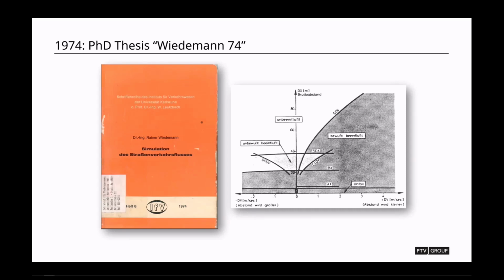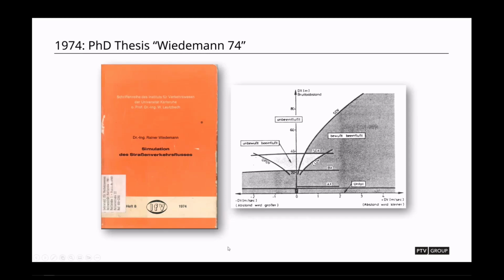So with different states, a vehicle approaches a slower vehicle, and at some interaction threshold notices that the slower vehicle is starting to decelerate, and then eventually is in the unconscious following state where it basically tries to keep a certain distance, depending on the speed of the leading vehicle, of course, but kind of oscillating around that distance.